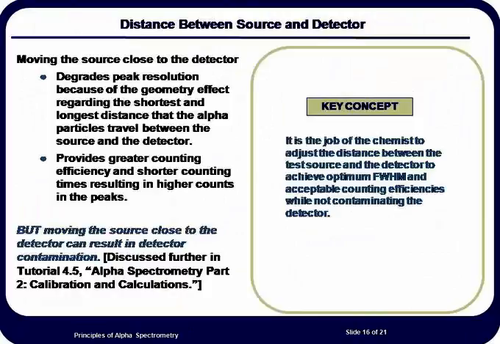Resolution is degraded due to geometrical effects of alpha particle interaction that are beyond the scope of this module. However, moving the sample closer to the detector improves the efficiency since more alpha particles will be detected by the detector. Moving the sample closer also means that there will be a greater probability of contamination of the detector's surface by the recoil of radioactive progeny from their parents.